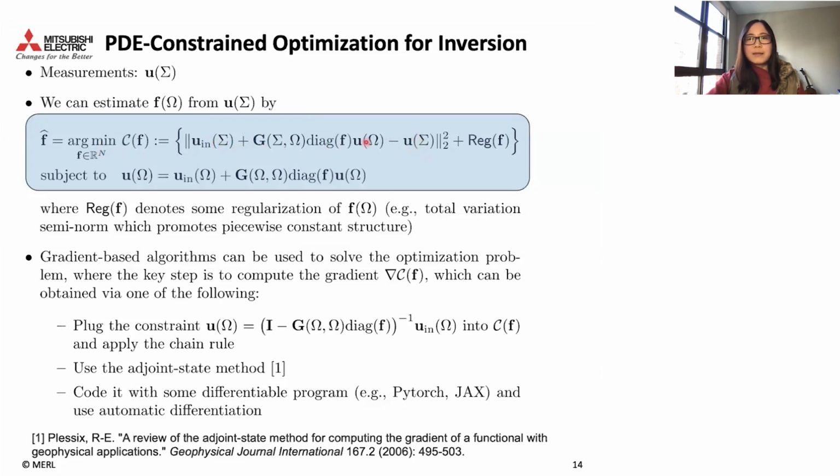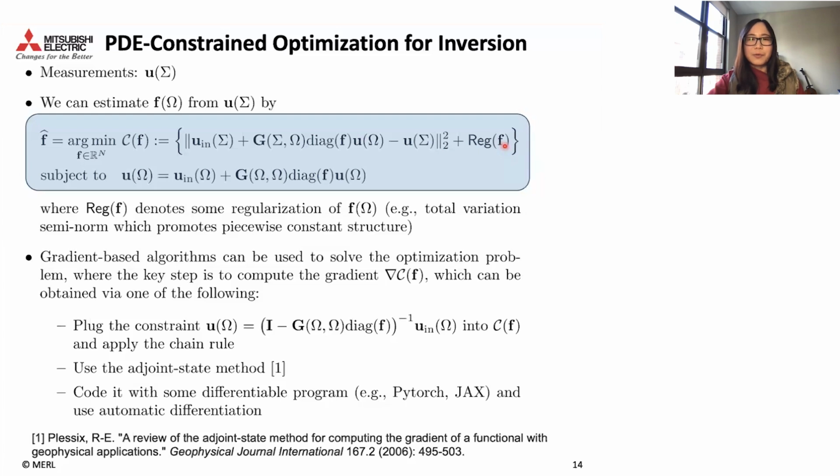So this is our measurement, and this is supposed to get me the measurement if I know the correct F. So we want to minimize the difference between this and our measurement over all the possible permittivity distributions. And usually we add a regularization for F just because this problem is so ill-posed, because our measurements are so sparse and only within a very limited angle. So there will be a lot of solutions if we don't add any regularization.